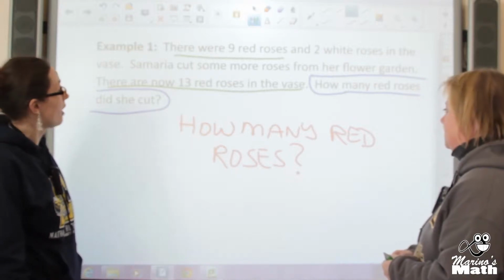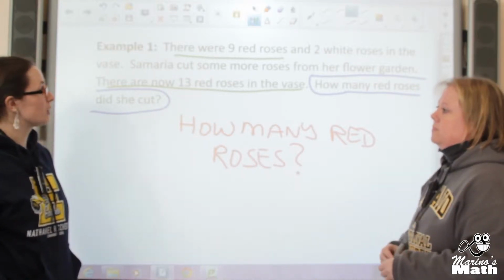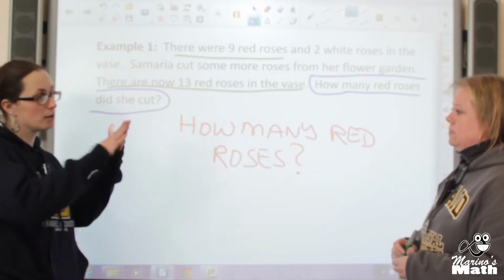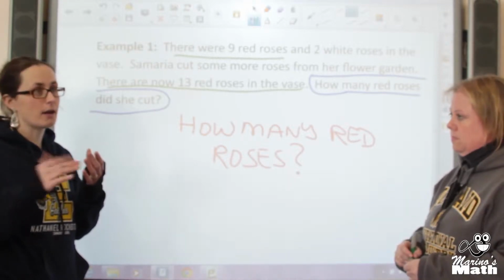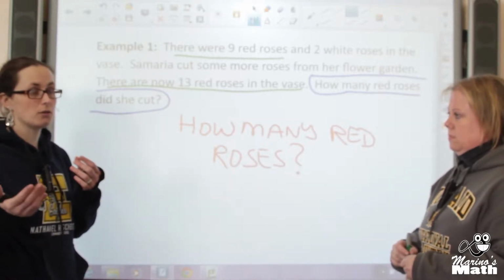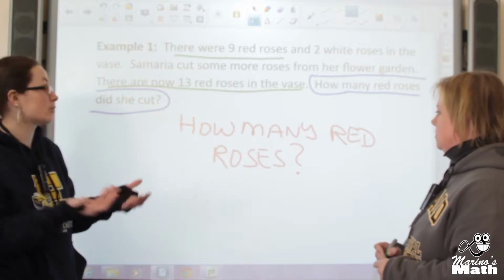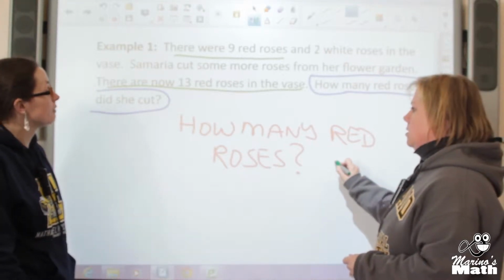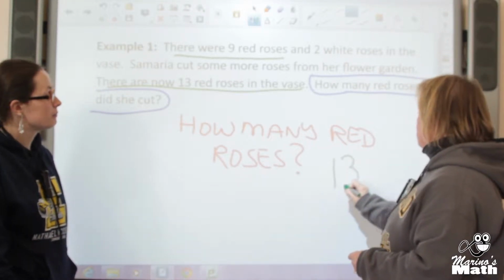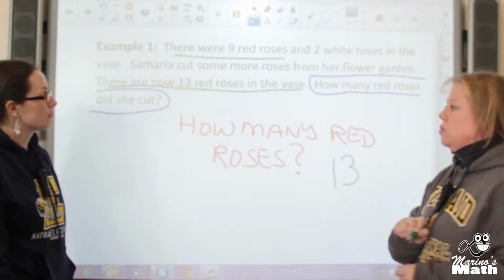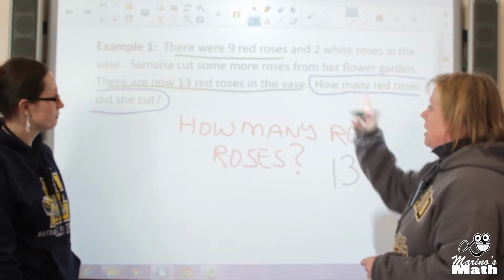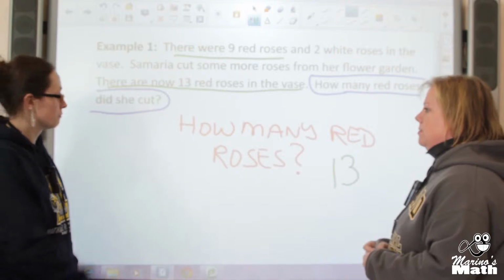Now we have to do the math, and you can think about it in two different ways. You can think about going from 9 to 13 and how many roses were cut, or you can work backwards and just subtract 13 minus 9. In the end, when Samaria is all done, she has 13 red roses. So how many roses did she start with? 9.